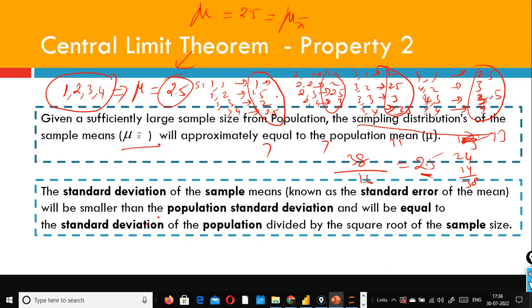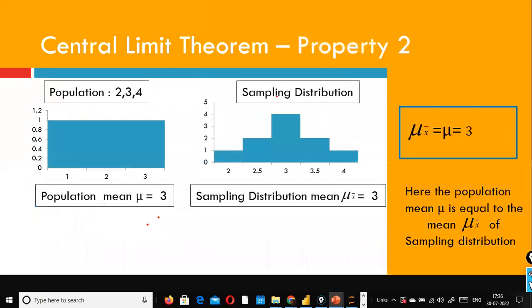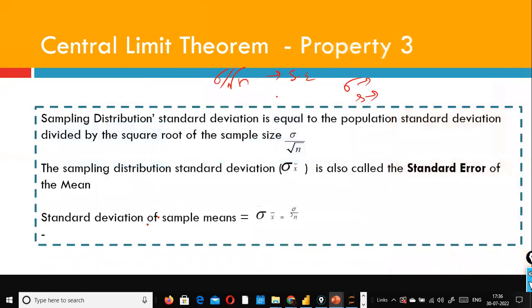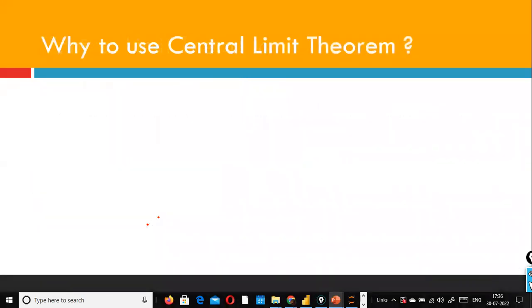How far each mean is away from your population mean, that is your standard error. So for that, sigma divided by square root of n. You need to take the square root of your sample size. So population standard deviation divided by square root of n is what will give you the standard error. Very simple to remember, right?